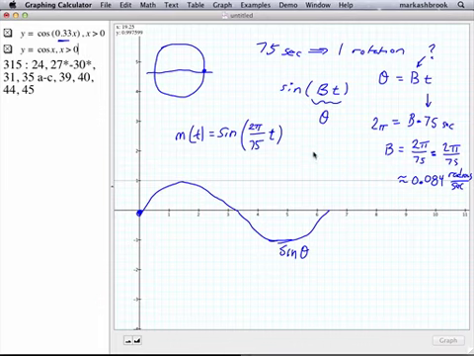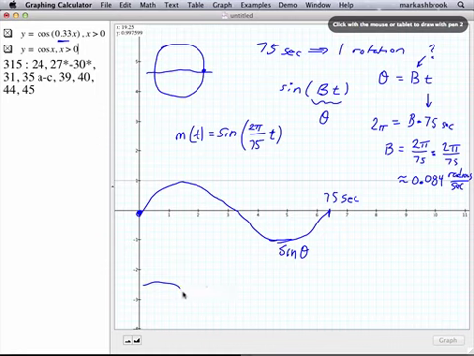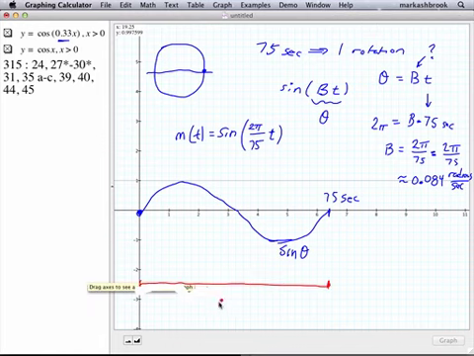So if we were to graph this, it would do the same pattern, but it would take all of 75 seconds to get back to this starting point, which is called 1 cycle. Okay, so this is 1 cycle. Do it in red, okay? That's called 1 cycle because it would keep repeating itself.